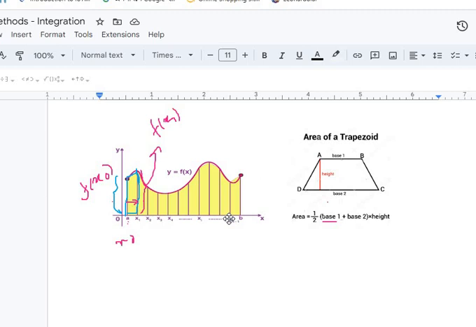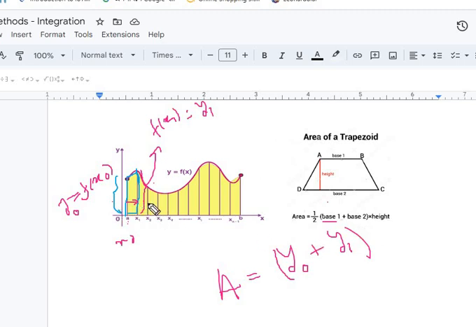So one can write the area under this as, say, instead of writing f of x0, I am considering this is y0, then y1, same way the second one can be considered as y2, y3. So what is A? A can be given as y0 plus y1, base 1 plus base 2, multiplied with h divided by 2.